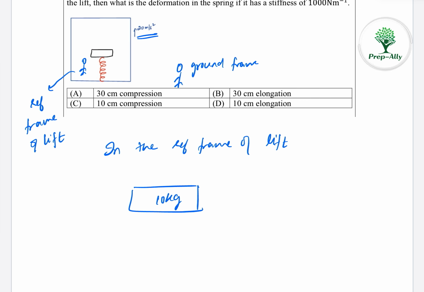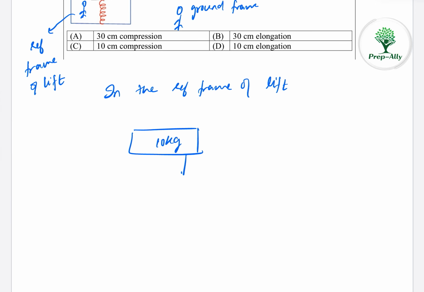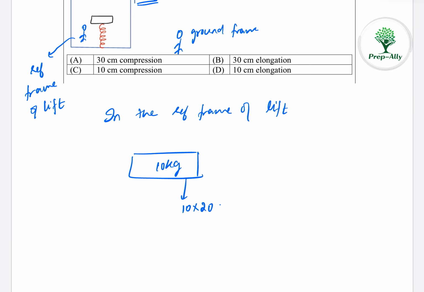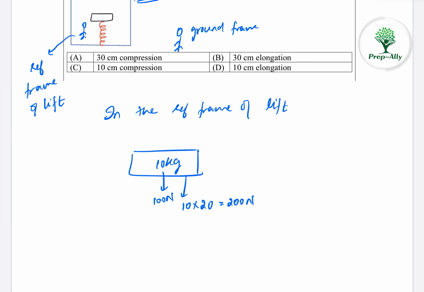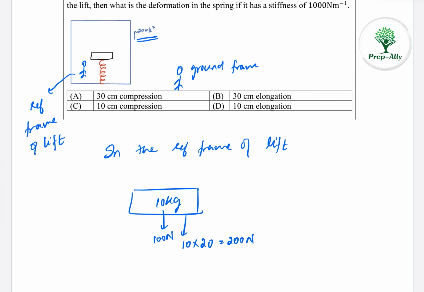So in our case, the lift is accelerating upward. Pseudo force on this block will act downward, and it has a magnitude of mass into the acceleration of 20, that is 200 Newton. Now its own weight will act, 10 into 10, 100 Newton. Now you see, because of this force, the spring is now going to get compressed.